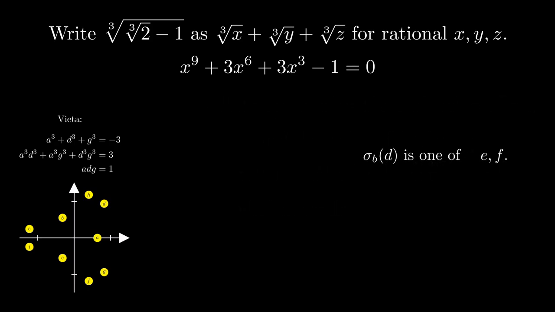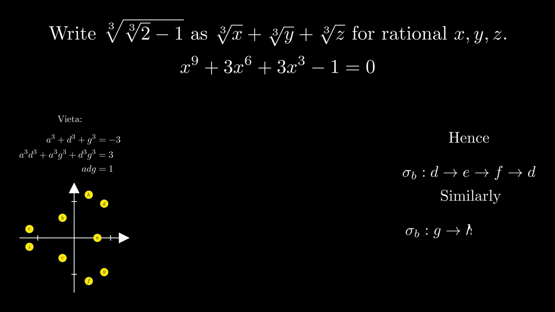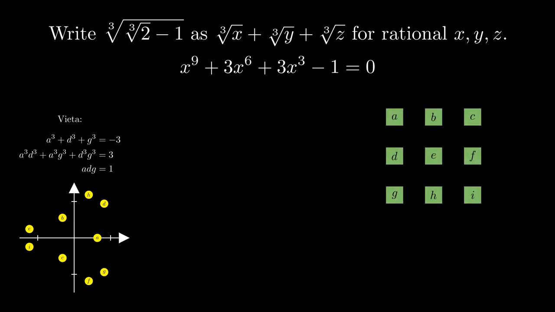Well, we can eliminate D immediately since it can't fix D. And if it were F, then we look at the third Vieta equality, ADG equals 1, which is certainly fixed by sigma B. And expanding the product and replacing what we assumed, we can cancel A and D from both sides to see that G would be fixed by sigma B. So that's impossible, and sigma B takes D to E. We can then fill in the rest of that 3 cycle in the same way and detect the 3 cycle involving G. So to visualize what's happening, we'll use these blocks, and sigma B acts by rotation to the right.